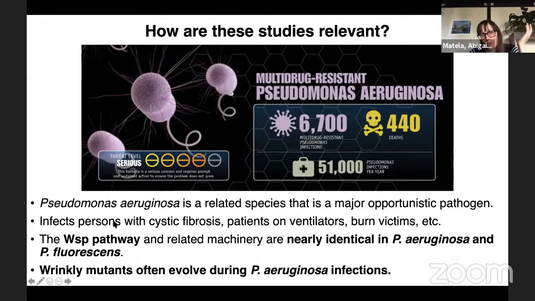It infects people with cystic fibrosis, people on ventilators and burn victims, and many other people that are sick. And the WSP pathway is nearly identical in Pseudomonas aeruginosa and the bacteria used in the classroom experiment, Pseudomonas fluorescens. And we find that wrinkly mutants often evolve during infections from Pseudomonas aeruginosa.